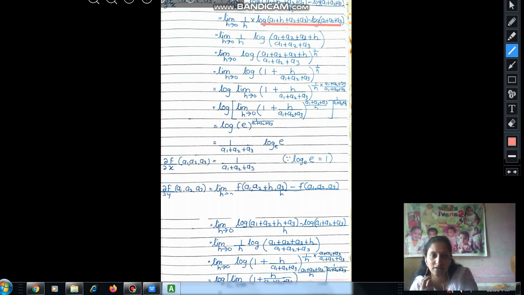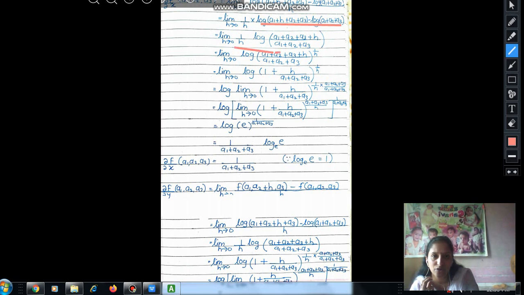But we know the rules of logarithm: in logarithm, subtraction changes to division. This means this will change to log of (a1 plus h plus a2 plus a3) upon this (a1 plus a2 plus a3). Okay. So this 1 upon h into log.